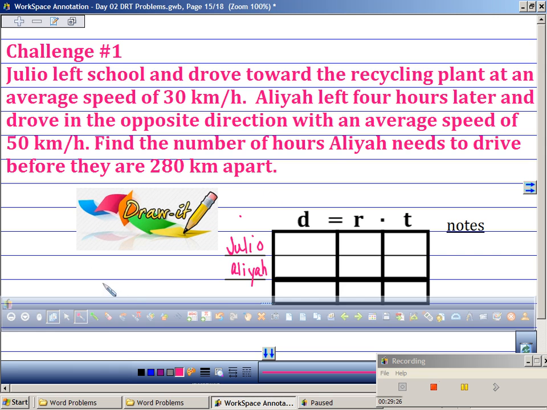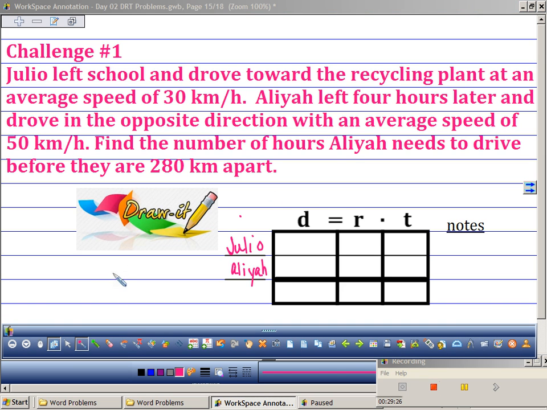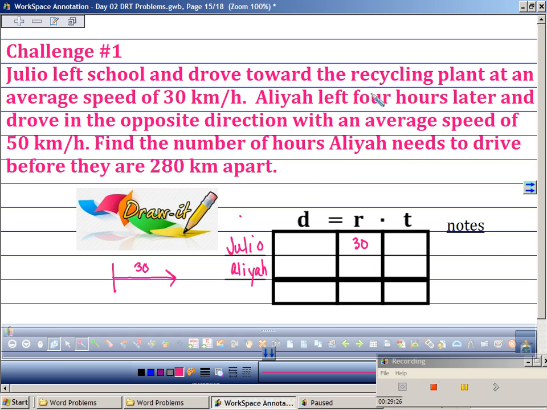Julio left school and drove toward the recycler, so we're going to draw it. So here is, he left, and he's going towards the recycling plant at an average speed of 30. So I'm going to put 30 in here. Aliyah left 4 hours later. I don't know what to put in T, but I know that Aliyah left 4 hours later.